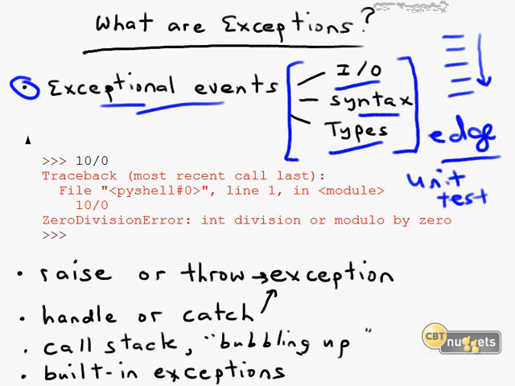Now, we've seen several times when we're working in the Python interpreter, for instance, what's called a traceback object. As you see in this example, we're doing division by 0, which is always in Python going to raise a traceback. What's being traced back is what's called the call stack. We're going to define the call stack in just a minute.